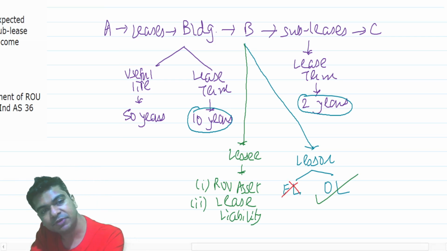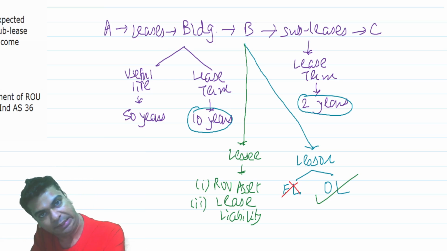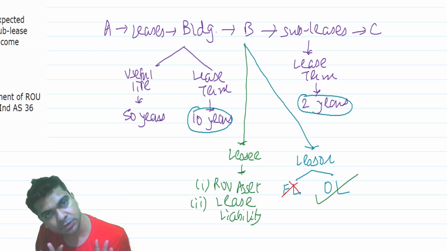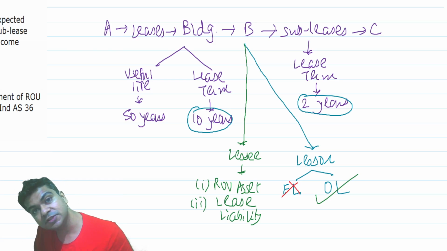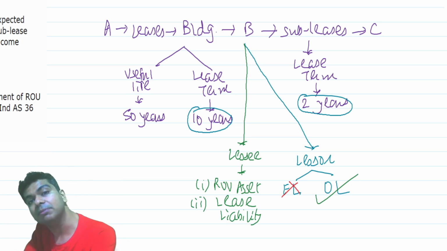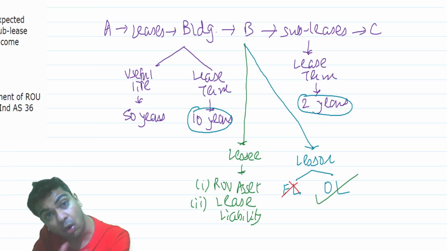Tell me, what happens if it is an operating lease? If it is an operating lease, then the only thing which is there in Ind AS 116 is that, whatever are your lease receipts, recognize that as your income on straight line basis unless some another systematic basis available. That's all the guidance that you have in operating lease.